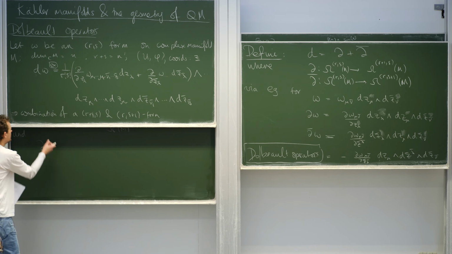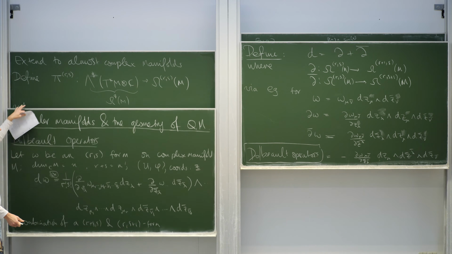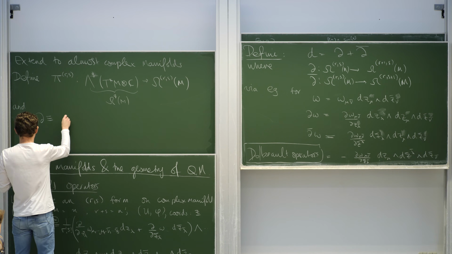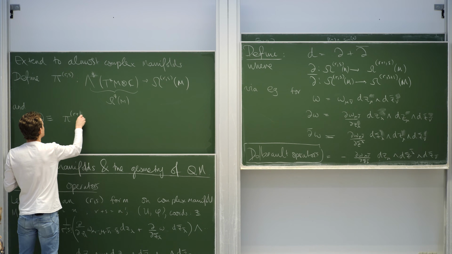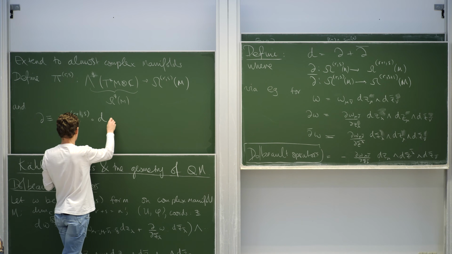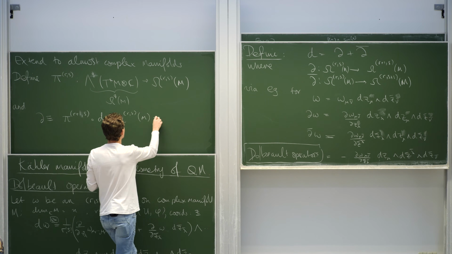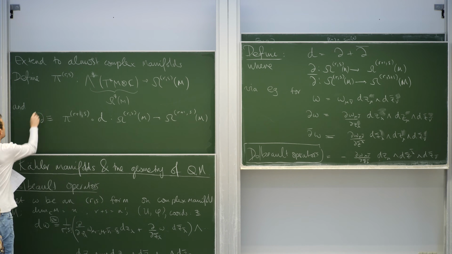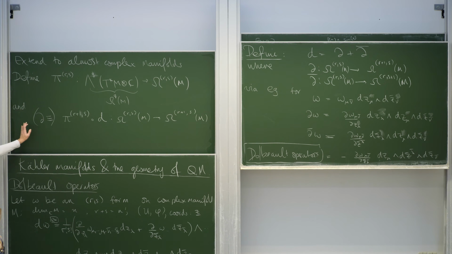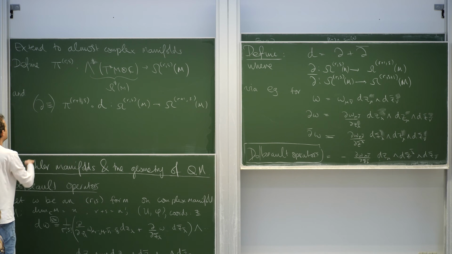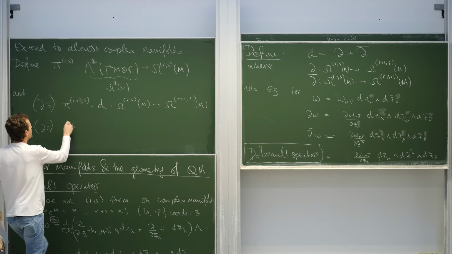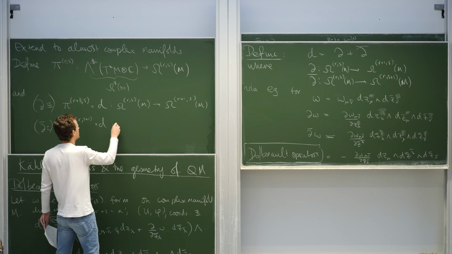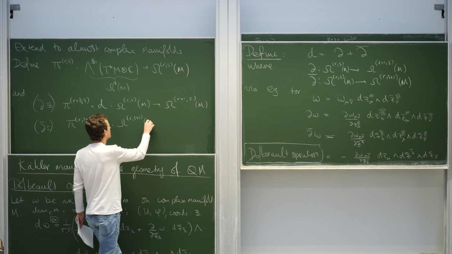So delta will be equivalent to first doing an exterior derivative and then projecting onto R plus 1 comma S forms, and delta bar is the operator you get when you first do an exterior derivative and then project onto the R comma S plus 1 space.